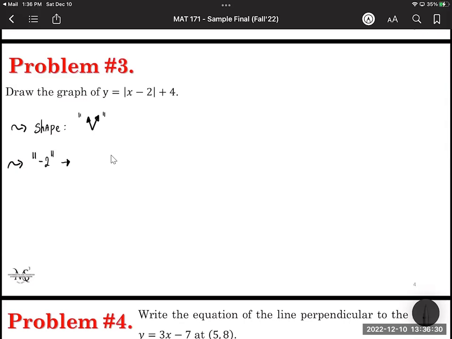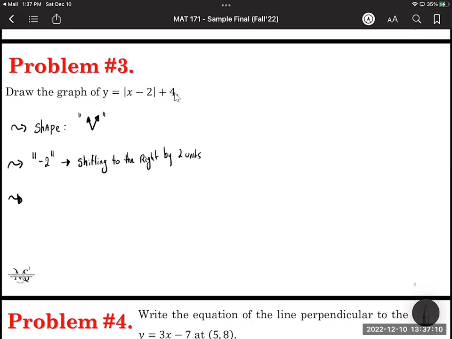It's right. You shift to the right by 2 units. So we know that we're going to have to shift to the right by 2 units.